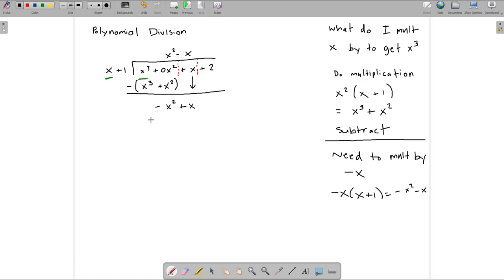And I'm subtracting that. So minus negative x squared minus x, which can get a little bit tricky with all the minus signs. So just make sure you're careful when you're doing this part. So negative and negative becomes positive x squared, so they cancel out here, which is what we wanted. And then negative and negative makes plus x. So I have positive x, so that's going to give me plus 2x.